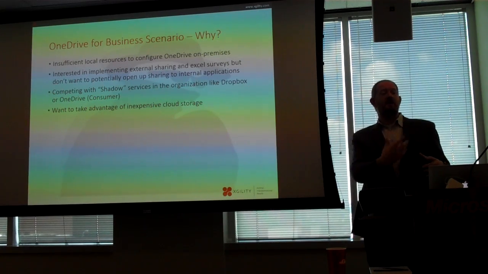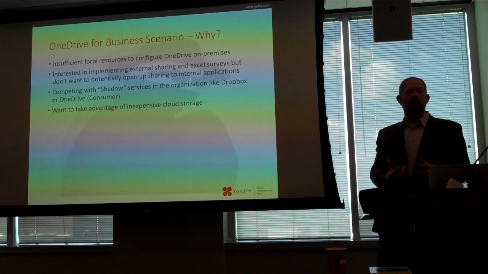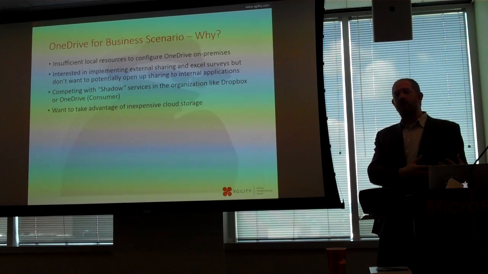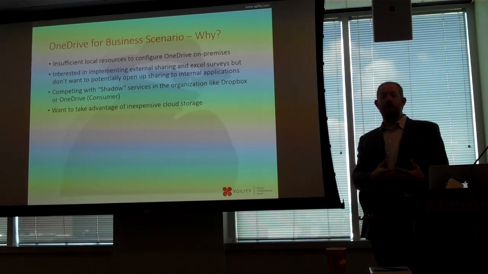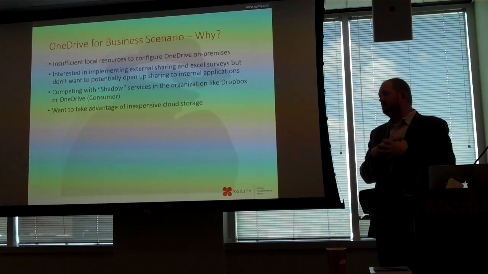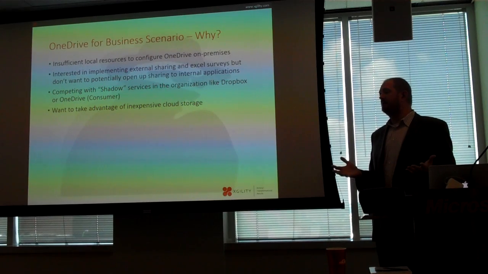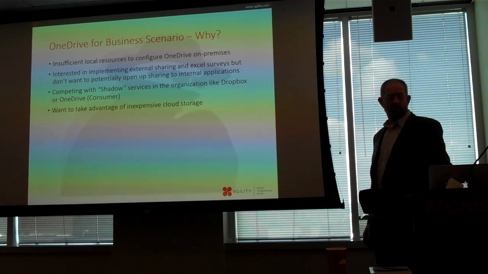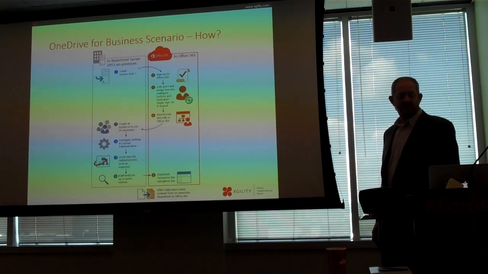So you want to make those features available without necessarily opening up your internal infrastructure. Or you just want cloud storage, which is much cheaper. You want to be able to give your users lots of space and not have to worry about provisioning additional hardware.